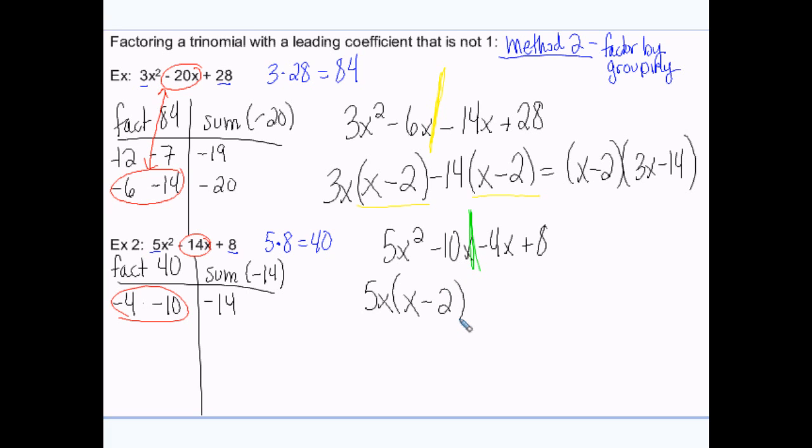And over here, I'm going to take out my negative 4. x minus 2, those match. And 5x and negative 4 become the next parenthesis. So two different ways to approach the same problem.